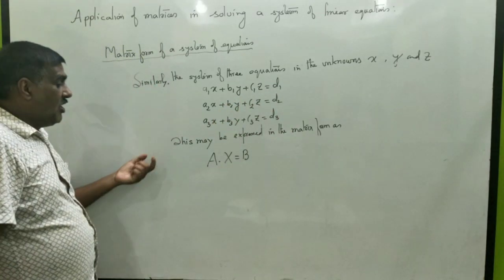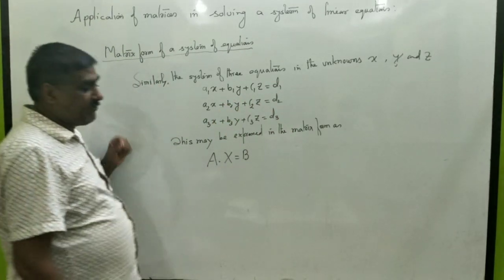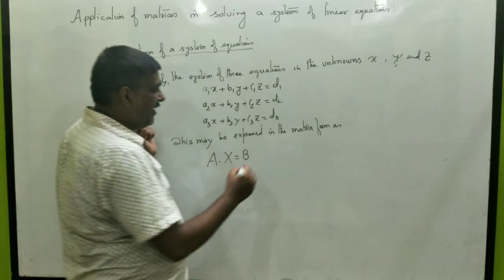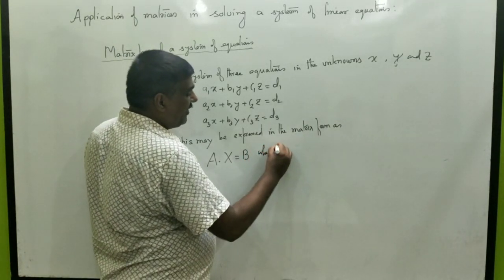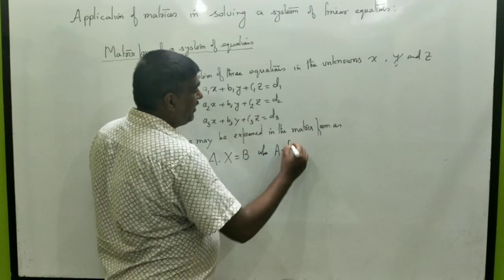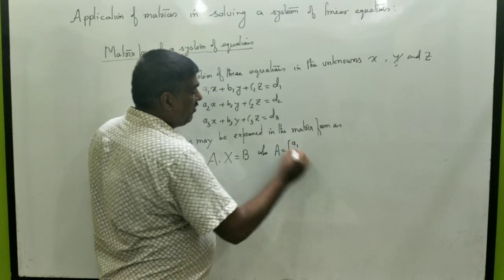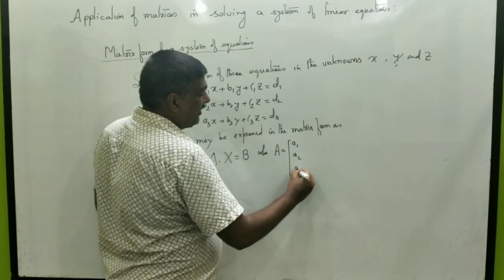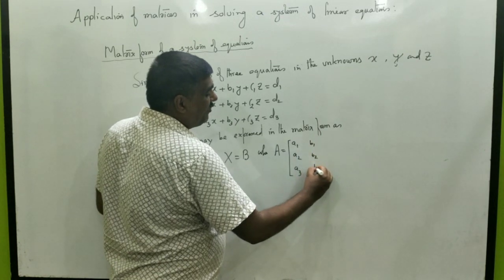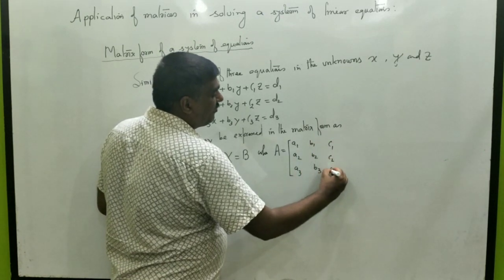Clear? So this may be expressed in the matrix form as Ax equals b, where A is a1, a2, a3, b1, b2, b3, c1, c2, c3 column wise.